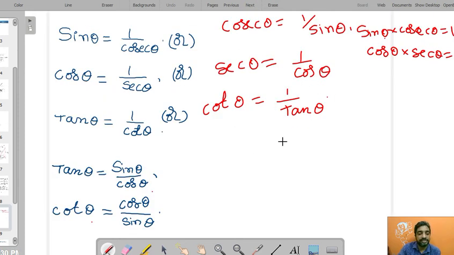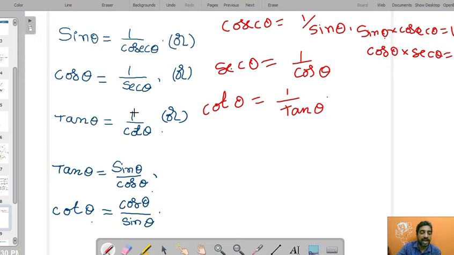See, the same thing I have written here. Sine is equal to 1 by cosecant, cosecant is equal to 1 by sine theta, so sine theta into cosecant theta is equal to 1. In the same way, cos is equal to 1 by secant, or secant is equal to 1 by cos, hence secant into cos is equal to 1.